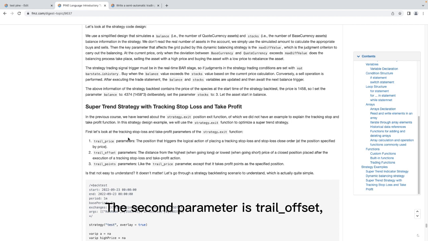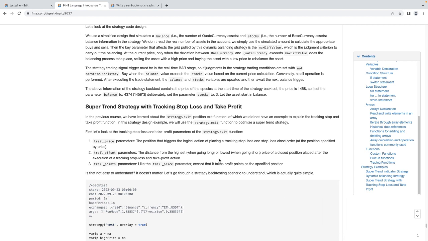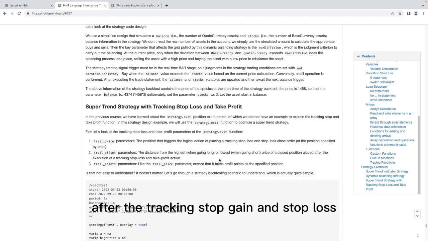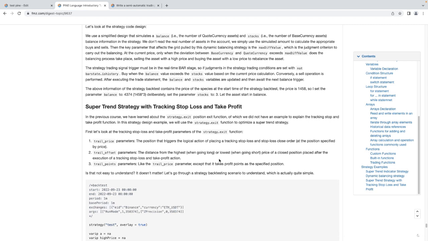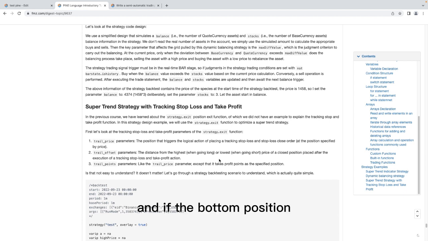The second parameter is trail offset. It is mainly used to monitor the maximum or minimum price after the tracking stop gain and stop loss functions are triggered. If your position needs to track the stop gain and stop loss positions, and if the position is a long position, it will monitor the maximum price at this time.